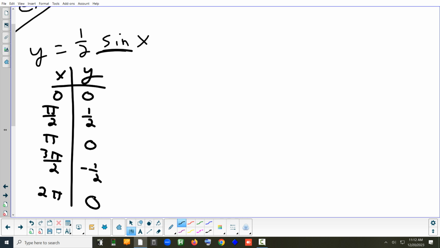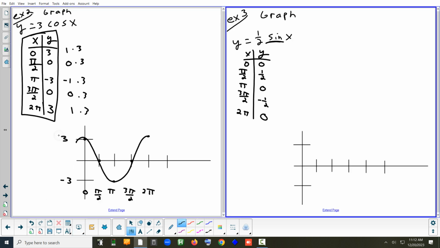Wait a minute, go back to the last page. Why is the first y value on cosine 1? I thought the first y value is 0. That is just the way cosine is. Starts at 1. Now I'm going to do the same thing. I'm going to put this as a half.